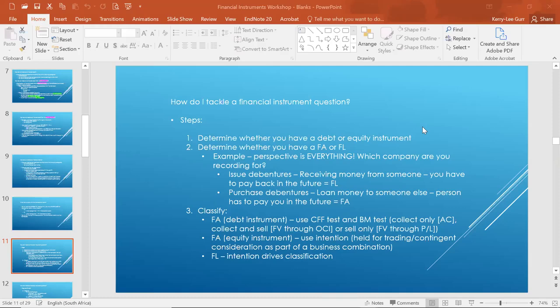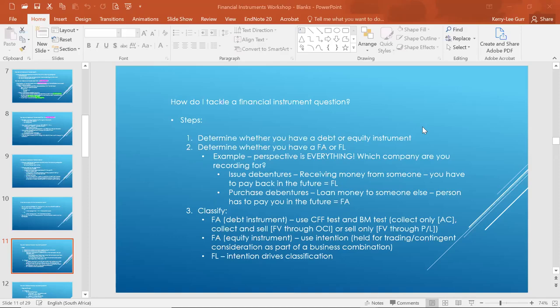For our financial asset, for debt instruments, we want to look at, is their intention only to collect the contractual cash flows? If that's the case, we use amortized cost. If the intention is to collect and sell, we use fair value through OCI debt. And if it is simply to sell that financial asset, we use fair value through profit or loss.